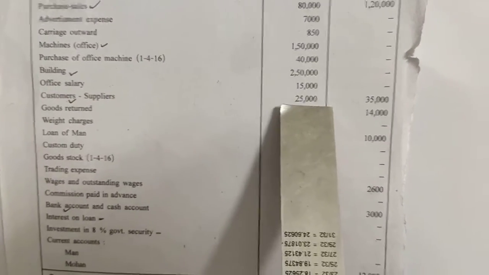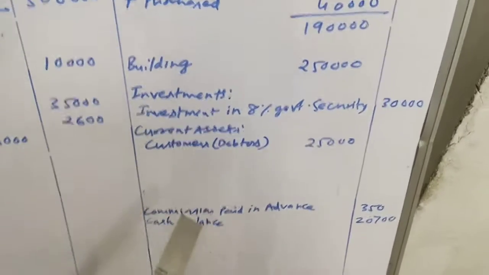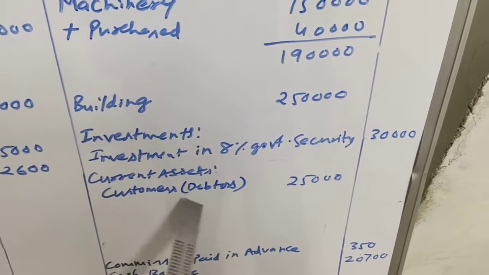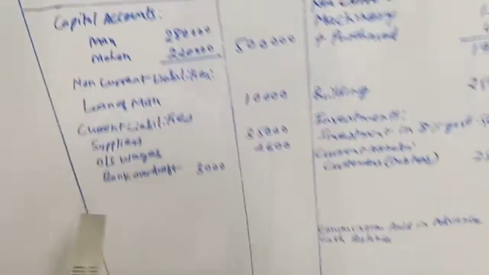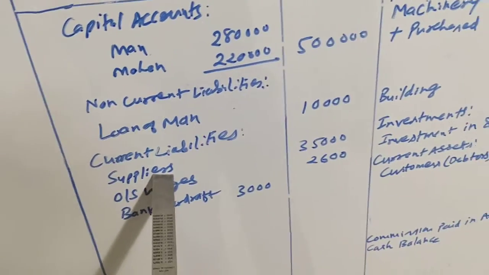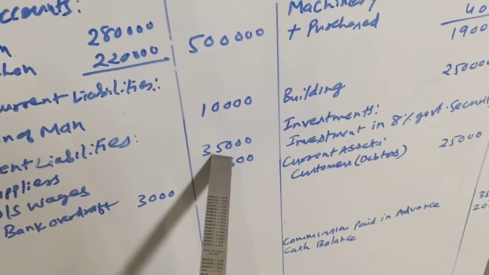We very well know these are debtors and creditors. So here it is under current assets, customers, that is debtors 25,000, and liability side under current liabilities, suppliers 35,000.